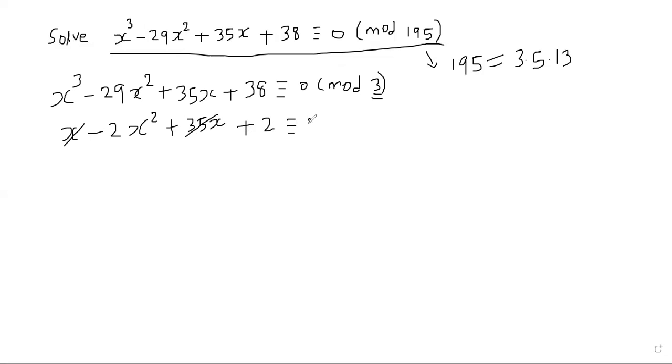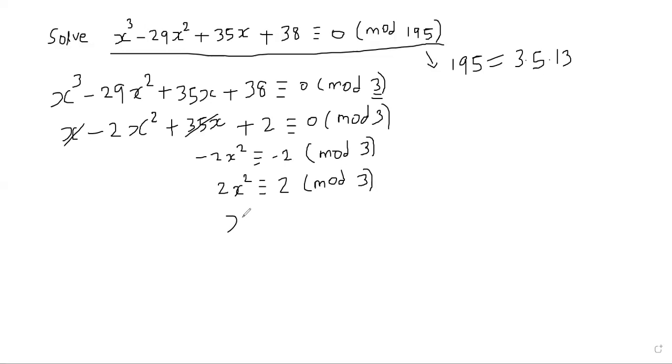In mod 3. Okay, so you have this congruence now, which is minus 2x squared plus 2 is equal to 0, which means minus 2x squared is the same as minus 2. That will give us x squared is congruent to 1 mod 3. So we need to solve x squared congruent to 1 mod 3, which we can easily solve because mod 3 is simple.